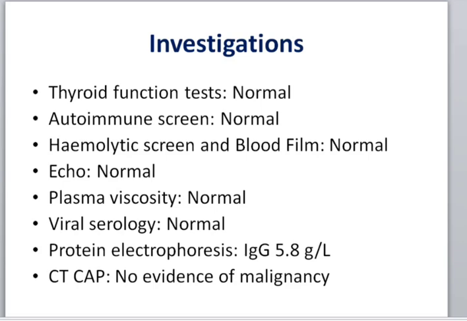Virology screen normal. Protein electrophoresis and immunofixation show IgG of 5.8 grams per liter. CT CAP, no evidence of malignancy. So this patient's additional investigation shows a paraprotein of 5.8, which is of IgG subtype.